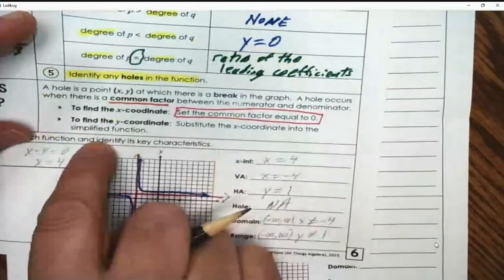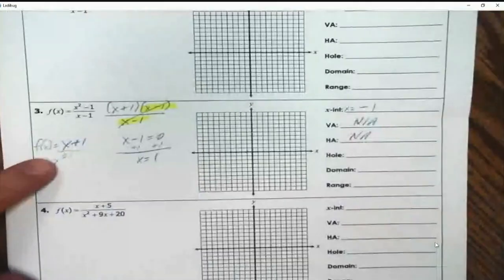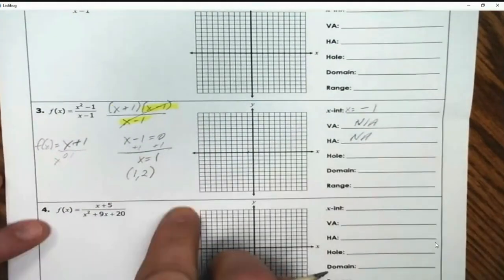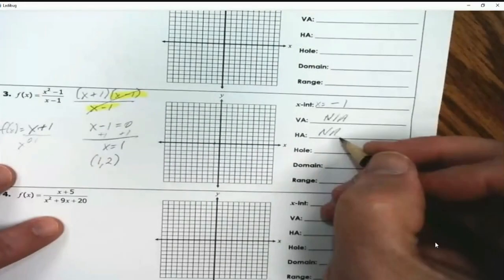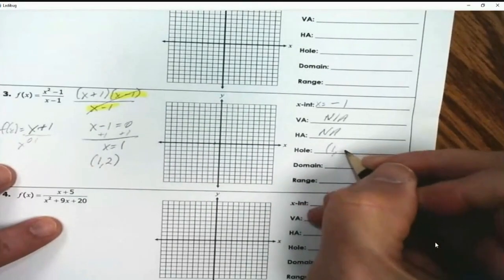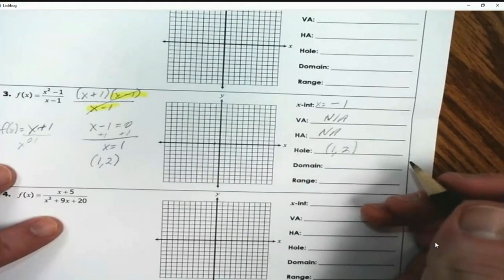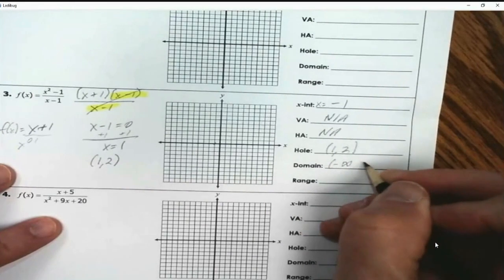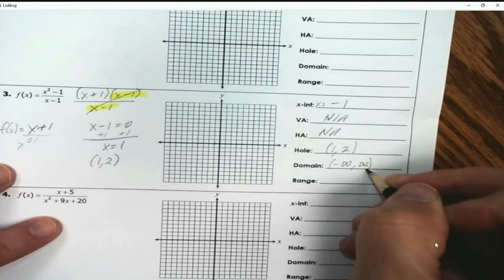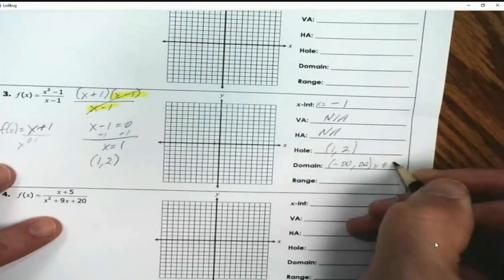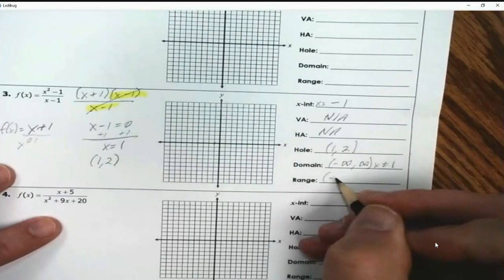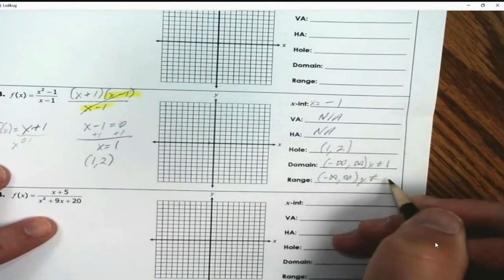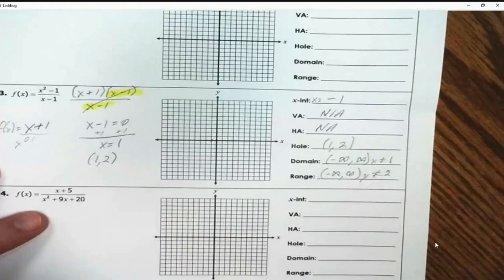Just substitute this into the simplified function: 1 plus 1. So at the point (1, 2), this graph does not exist. The domain is negative infinity to infinity, but x cannot be 1. The range goes from negative infinity to infinity, but y cannot be 2 because there's a hole there.